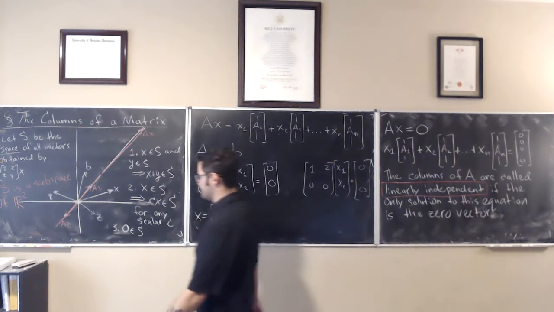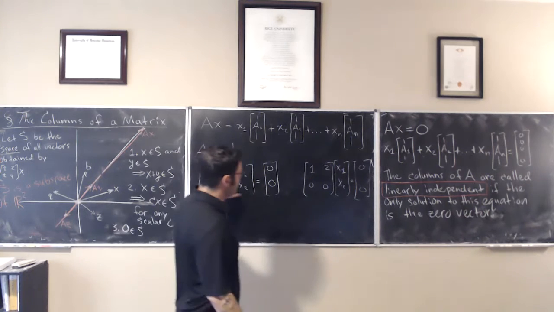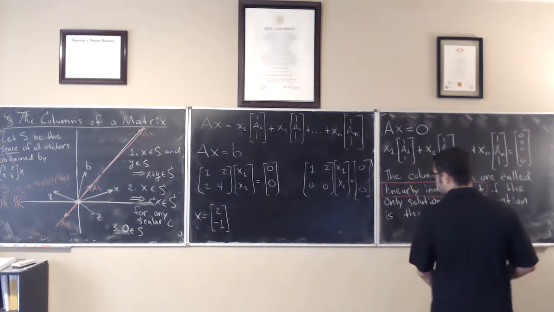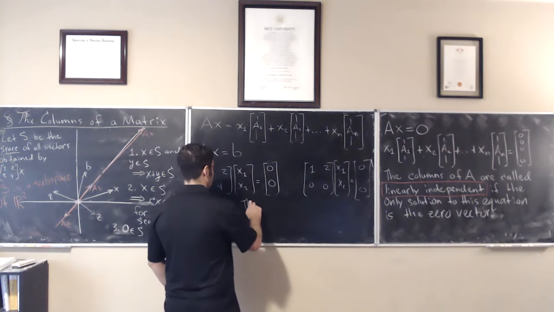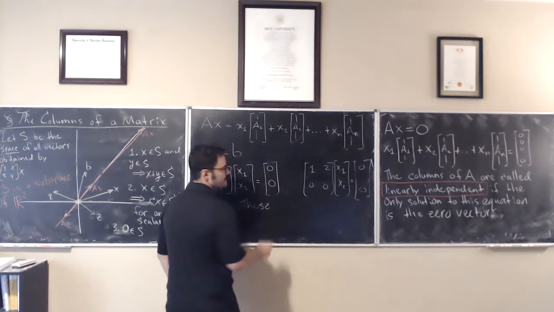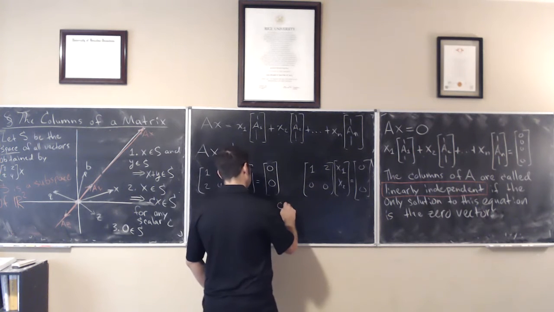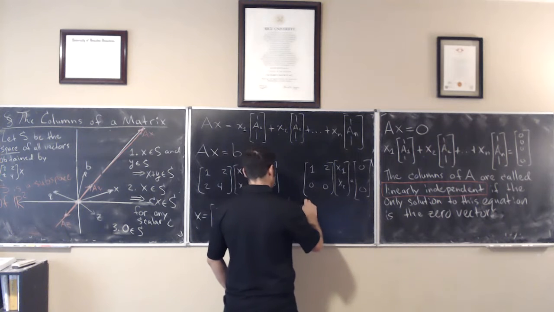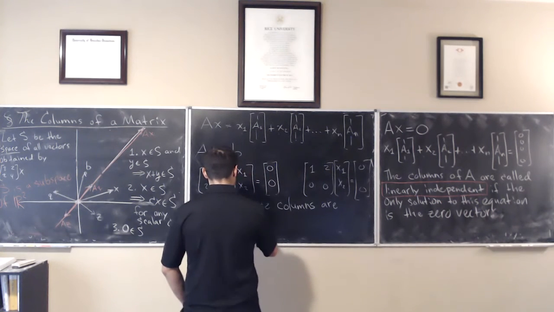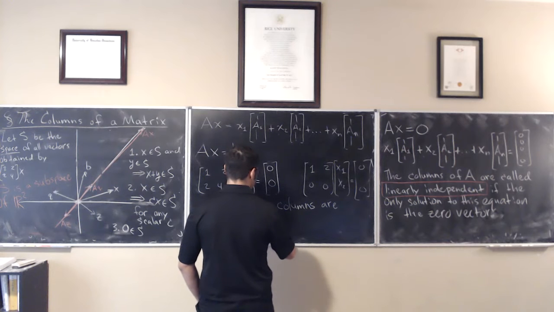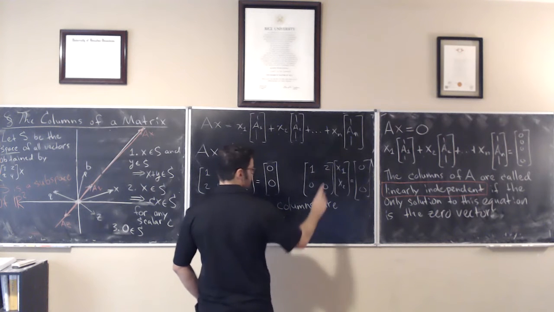That's just a coincidence, but do you see in both cases they are not linearly independent? So these columns are called linearly dependent, because there is a non-zero solution to that equation.